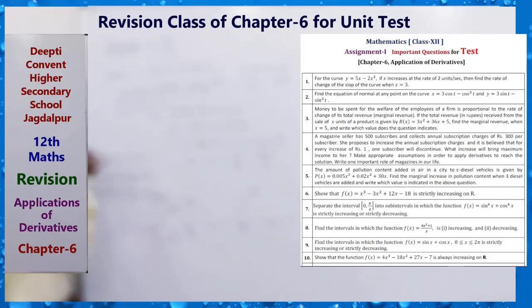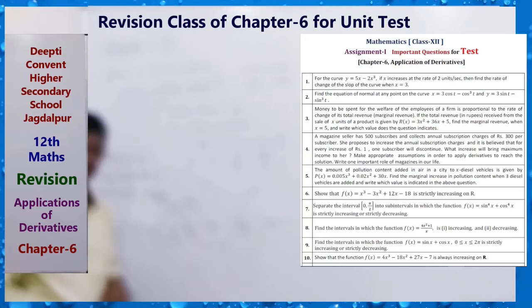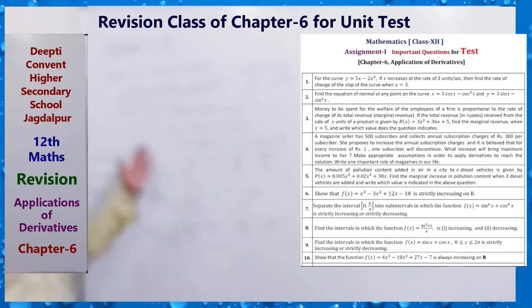So in this part increasing, in this part decreasing. The interval for increasing is 0 to pi by 4 union 5 pi by 4 to 2 pi, these two in union, and pi by 4 to 5 pi by 4 is for decreasing. Okay. So by using this you can also find the separation of the intervals where the function is increasing or decreasing.